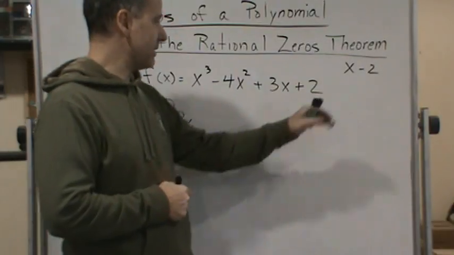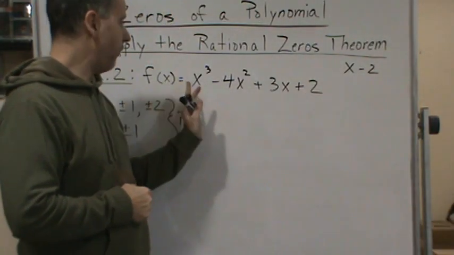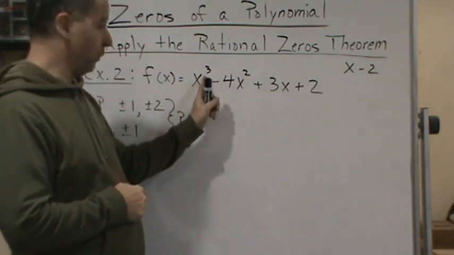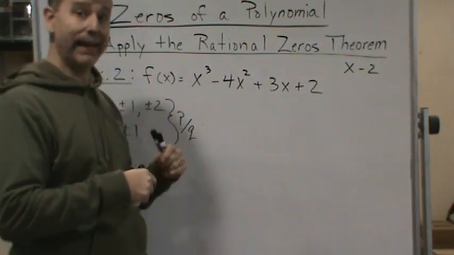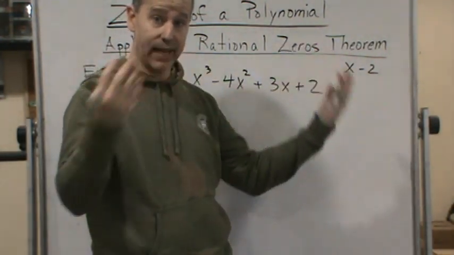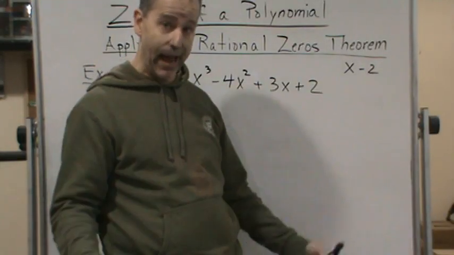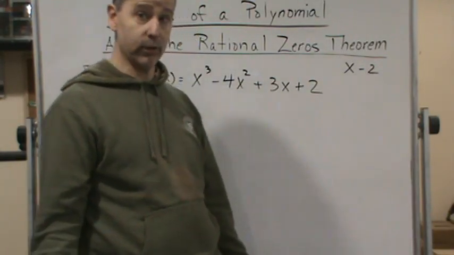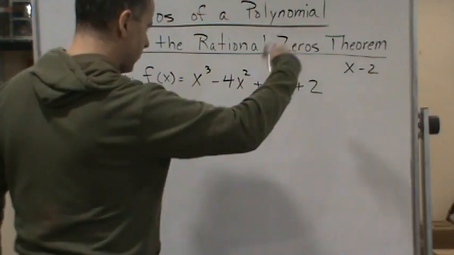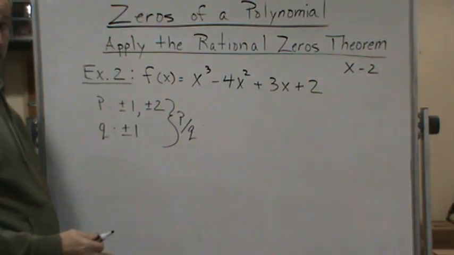Now I can use synthetic division and find the quotient, which will be 1 degree lower. It will be a quadratic, which means I can use all the other tools in my toolbox to factor quadratic polynomials. So that's why this is really useful.